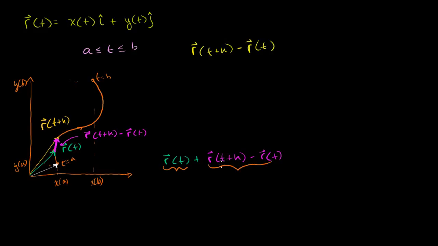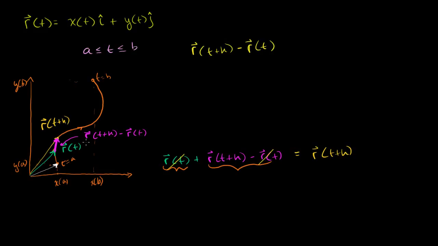You put the tail of the second vector at the head of the first. So this is the first vector, and then I put the tail of the second there. And then the sum of those two, as we predicted, should be equal to r of t plus h. And we see that is the case, and even algebraically, you would see that obviously this guy and that guy are going to cancel out. So hopefully that satisfies you.